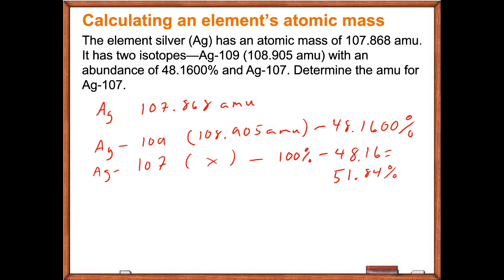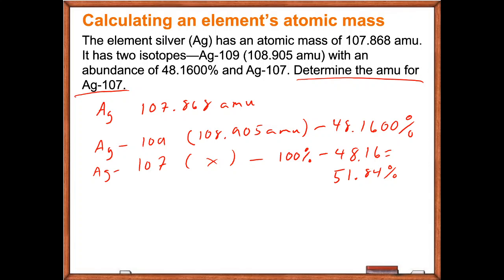Okay, so now what can I do? Now I can set up an equation. They're asking me what's the mass of silver 107. So they're basically asking me to solve for x. The equation I'm going to set up looks something like this.